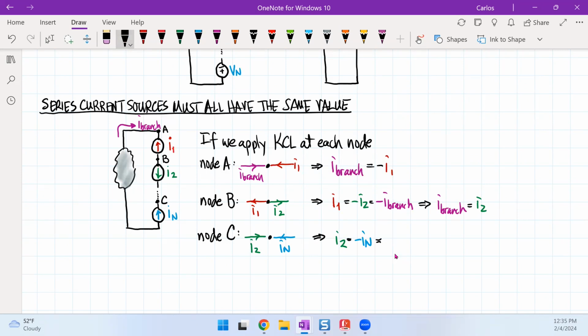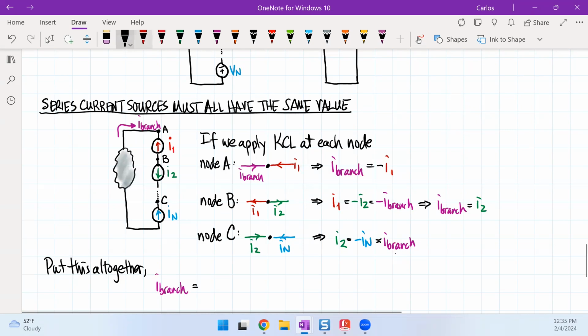But we already know that I2 is the same as I branch. So if I now put this all together, I branch must equal negative I1, which then must equal positive I2, which then equals minus IN.